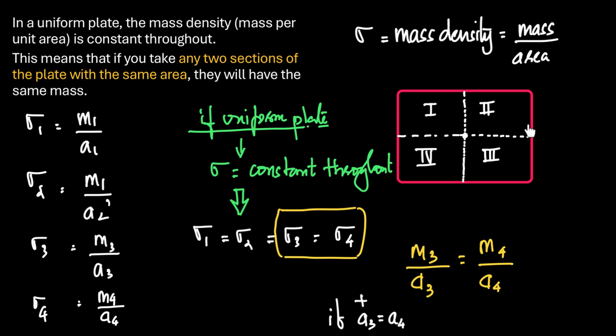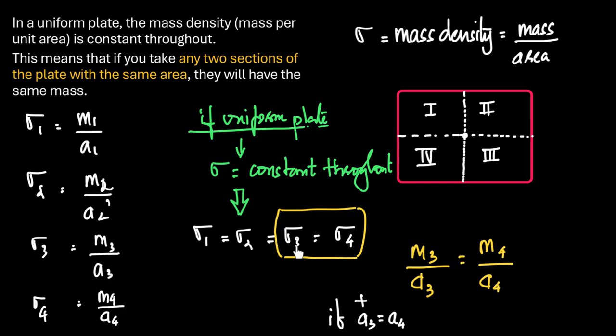So if I consider one plate and divide it into four equal halves, and assign individual mass densities, sigma 1, sigma 2, sigma 3, sigma 4, then we have sigma equal to m by a, sigma 1 equal to m1 by a1, correspondingly sigma 2 equal to m2 by a2, similarly m3 by a3 and m4 by a4. Now if the plate is uniform, then sigma is constant throughout, which means sigma 1 should be equal to sigma 2, and likewise with sigma 3 and sigma 4, right?